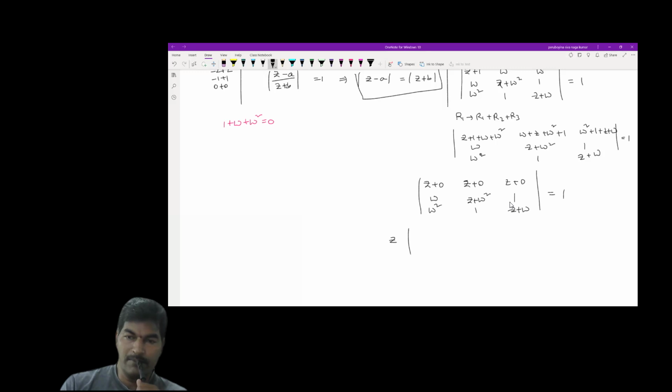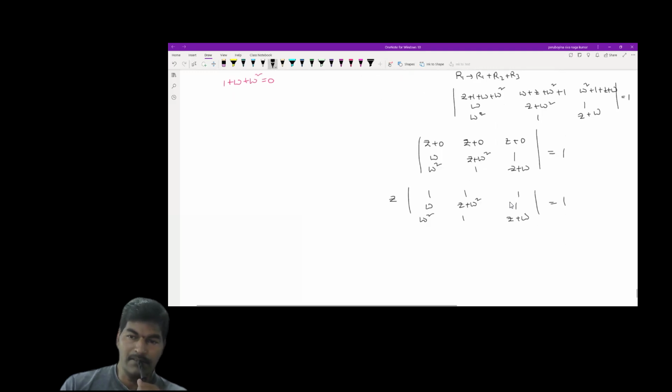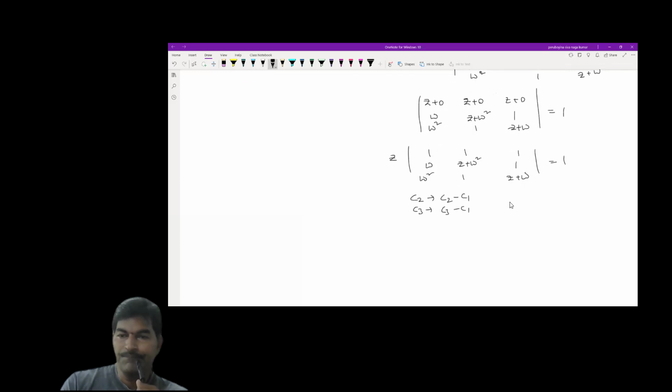So take Z common from the first row. Now in C2 and C3, what I am doing? I am doing C2 minus C1, and C3 minus C1.